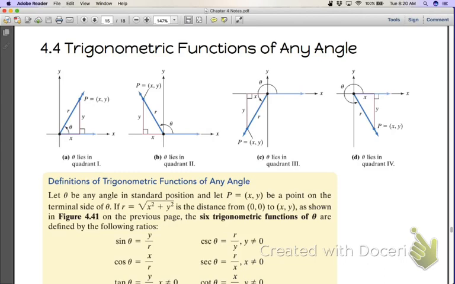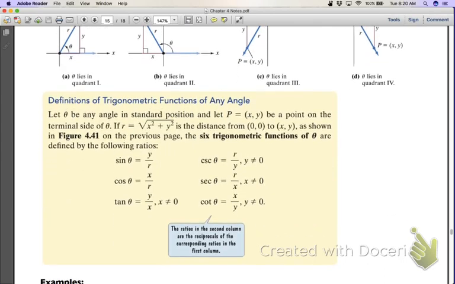Whenever we have any of this, sine of theta, it says let theta be any angle in standard position, and let P be your point on the terminal side, whatever point you're given. r is equal to the square root of x squared plus y squared, the distance formula from 0 to your point (x, y), as shown in the figures above.